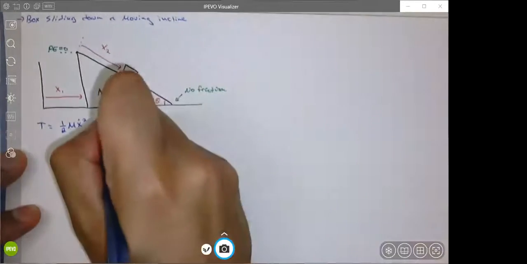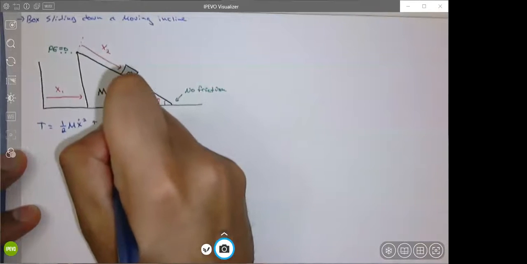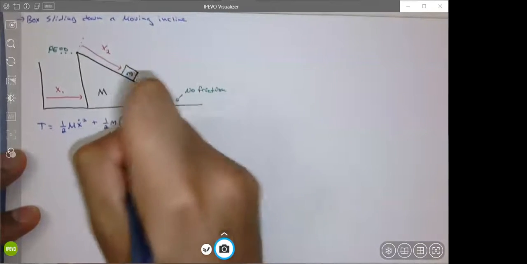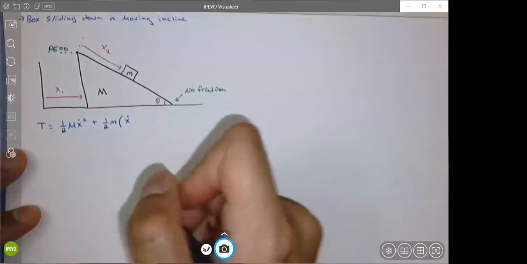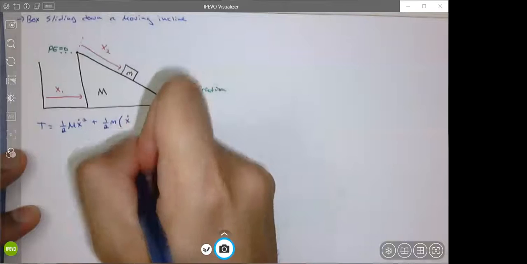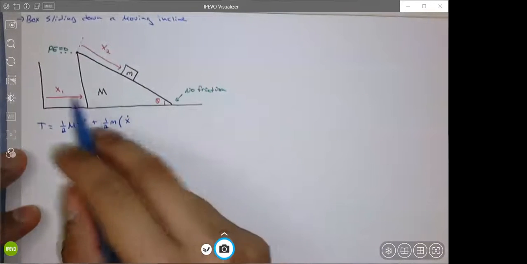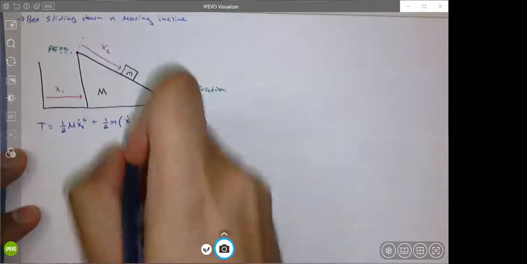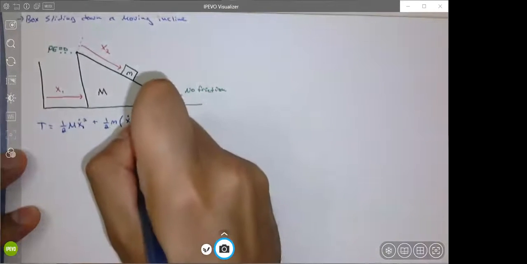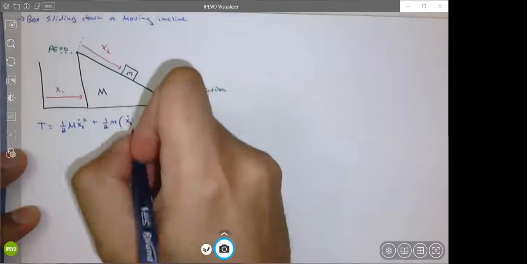So we're going to have to write that as 1/2 m parentheses x dot plus, let's see here. Oh, and I even named these. So let's call this one x1 here, so that way I don't get confused between the two. And so if that one's x1, this one is also going to be x1, and then this is going to be x2.